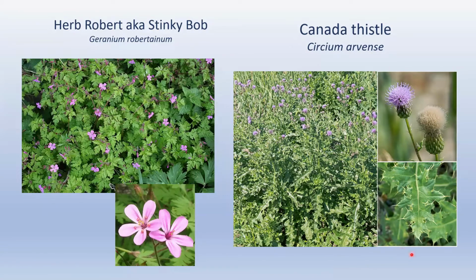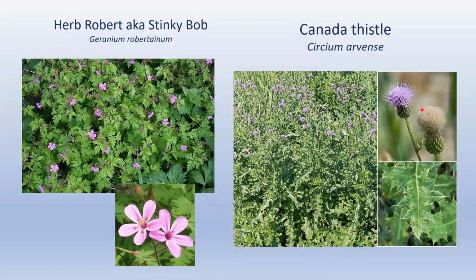And Canada thistle. This is one that takes over pastures, and it is another one like reed canary grass that has such a strong underground rhizome growth that really chemical treatment is one of the only ways to get rid of it. You want to spray this one, if you're going to do chemical treatment, right before it blooms.